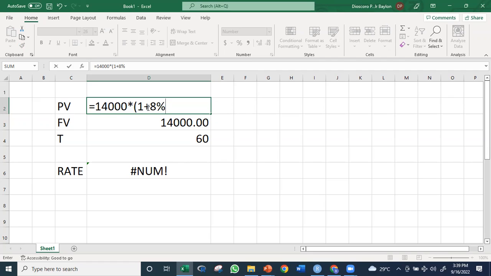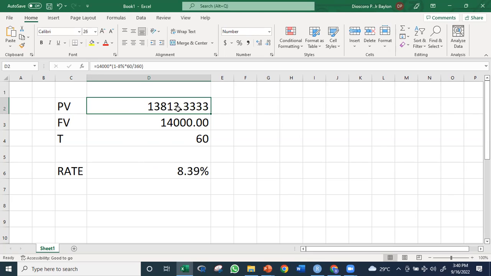Sorry, this should be minus 8% times 360 over 360. Okay, so this time I'm using the proceeds itself. So that's 14,000 minus 14,000 times 8% times 60 over 360. That gives us this one.